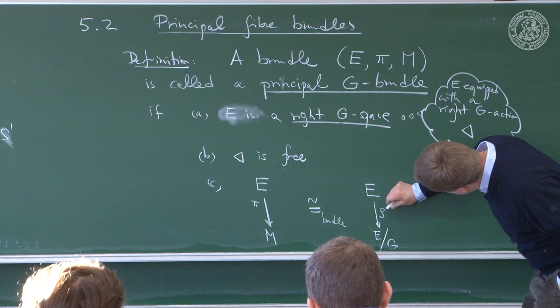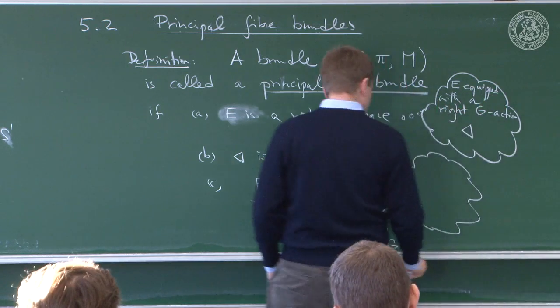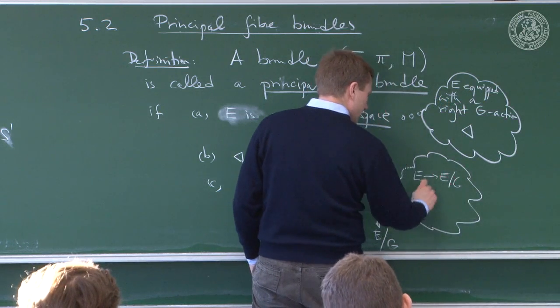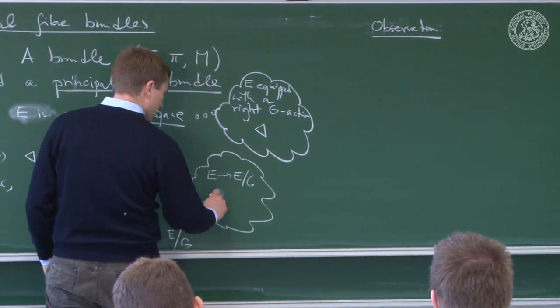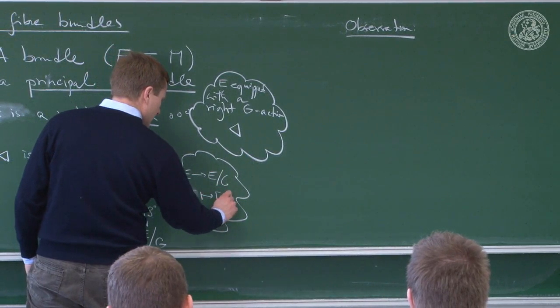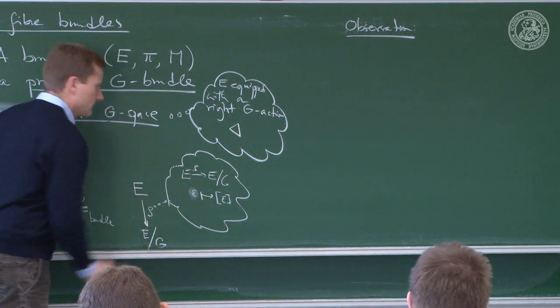So this rho is just a map from E to the quotient set. It takes a point, epsilon in E, to the corresponding equivalence class. That's this map rho. Okay?